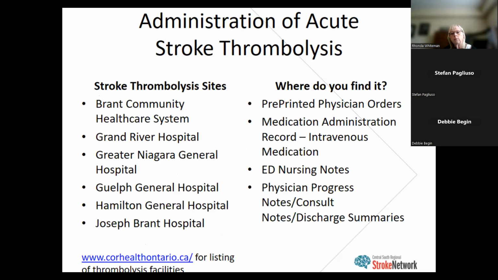Greater Niagara General is hoping to go live in June, and Brantford and Joseph Brant are in their planning and will likely be later this year. When a site switches from alteplase to tenecteplase, it's a 100% shift. You're not going to see both, you'll see one or the other.